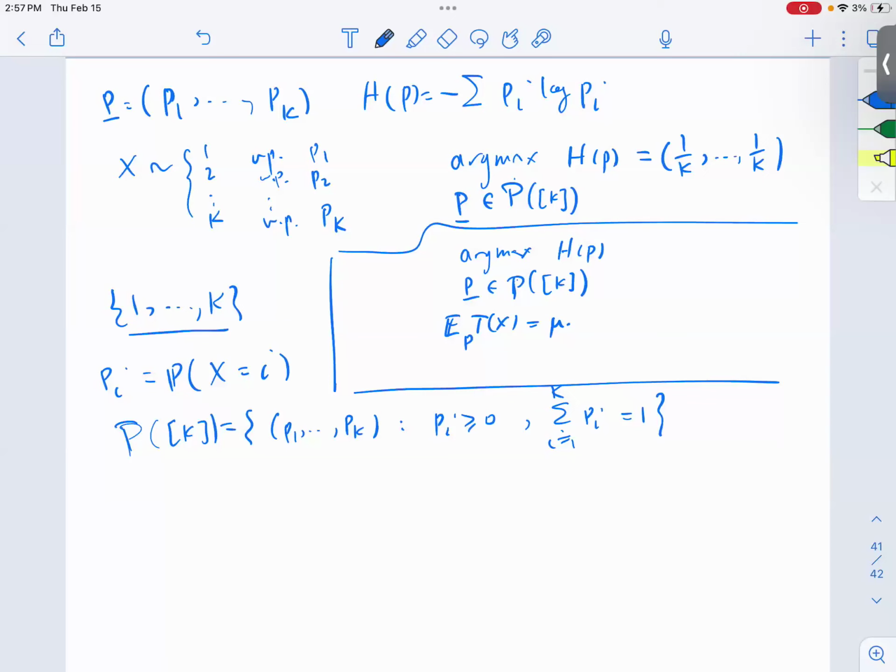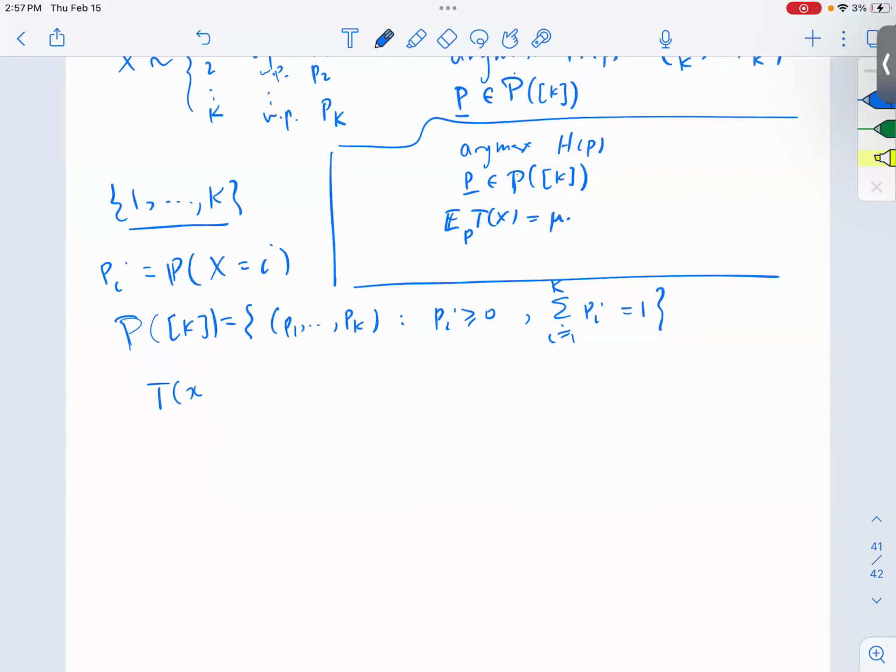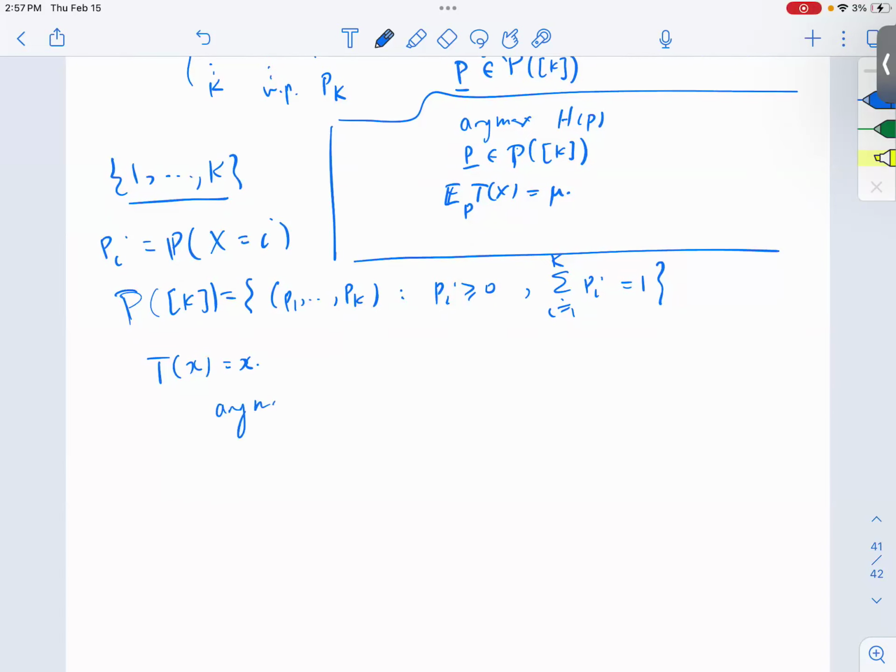For example, let's say the very simple case, T of X is just X. So what this is saying: argmax H of P, with P in that set, and the condition is that the expectation under P of X is mu.